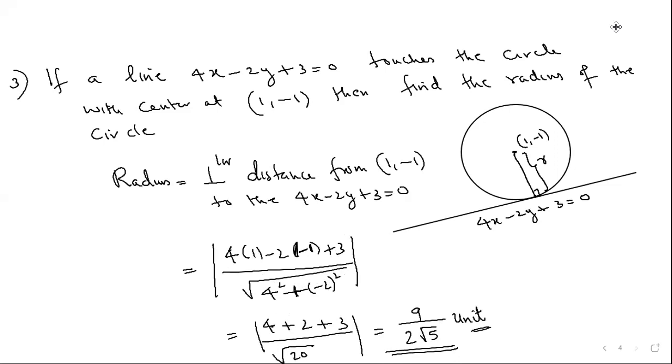Finished, everybody? Yes, sir. Can I give another question? In a triangle ABC, the coordinate of A is 4, 2.